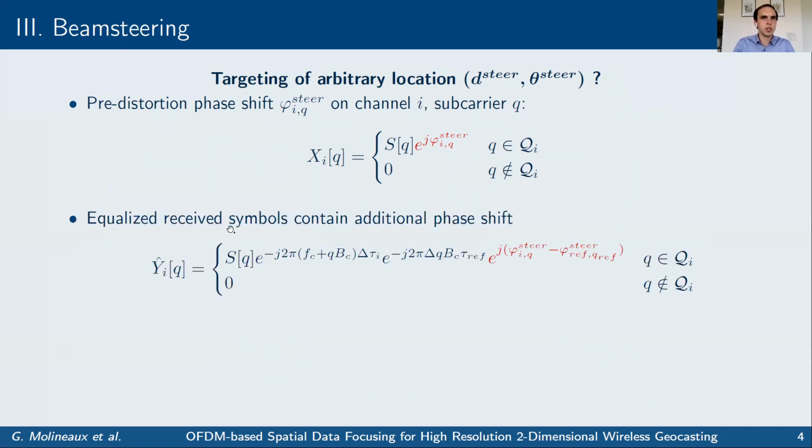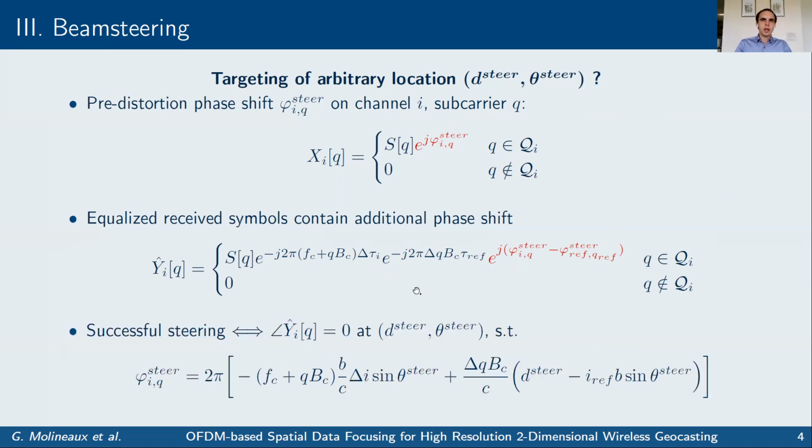And as a consequence, the equalized received symbols will contain, on top of the two phase shifts that it already had, a phase shift which is determined by the steering phase of the ith channel and the qth subcarrier, minus, of course, the steering phase of the reference channel and the reference subcarrier.